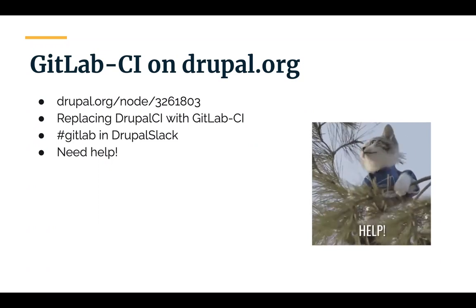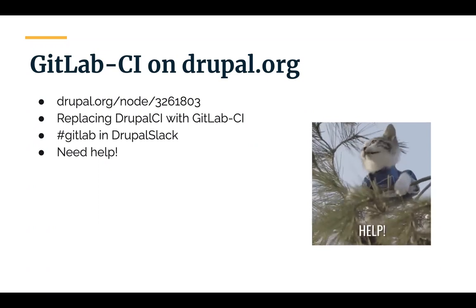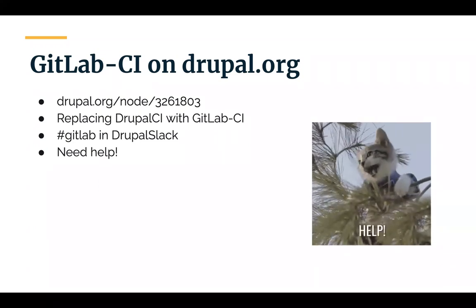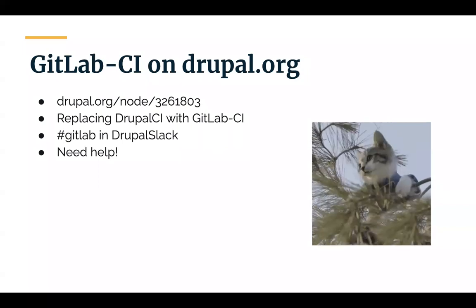Because right now we're used to just doing a couple of checkboxes and stuff to turn that on. It's a slightly different system with GitLab CI. So help there would be appreciated.